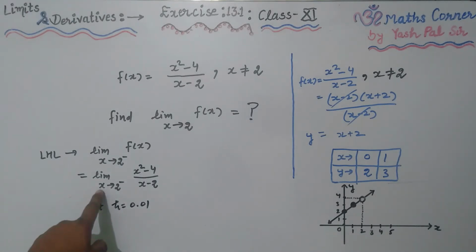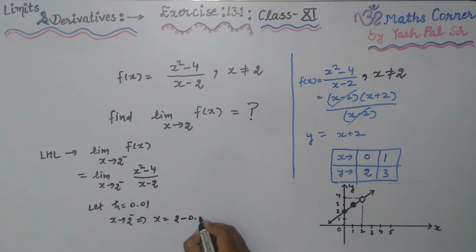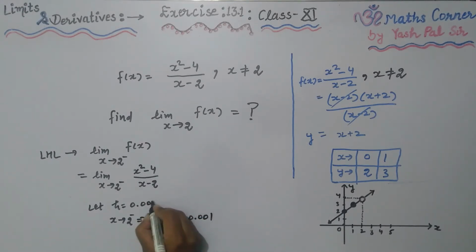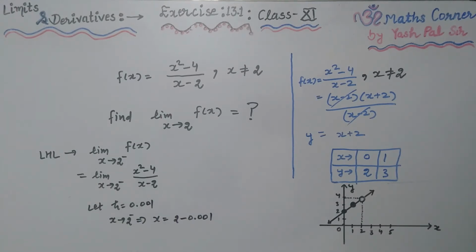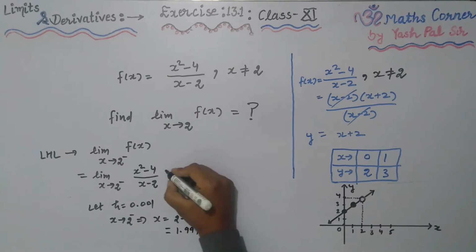So we take x equal to 2, therefore x approaching 2 becomes x equal to 2 minus 0.001, right? What is the answer? This is equal to 1.999. Now what happens here?